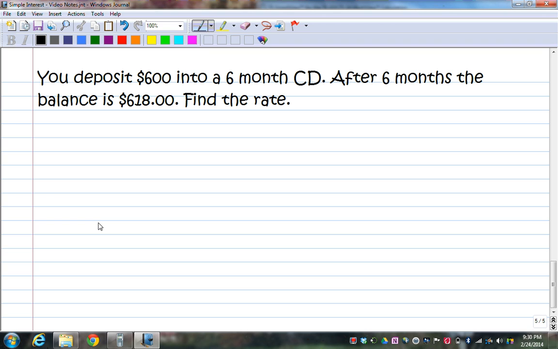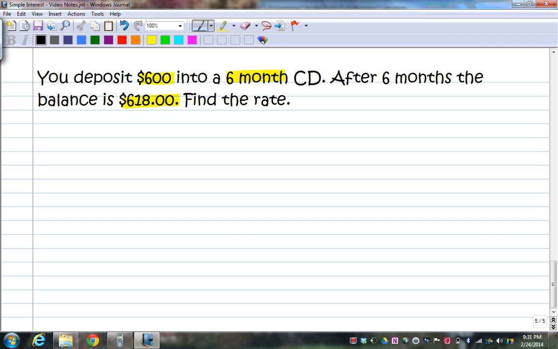Now, try and do this one, knowing that it has to be done algebraically. Write it down and try and solve it. Okay, this one, we have, you deposit $600 into a 6-month CD. After 6 months, the balance is $618, and again, it's 6 months. You want to find the rate, so we don't know the rate.